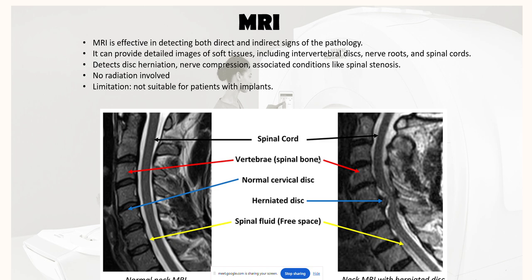This is an example image of the MRI. This is spinal cord, vertebra, herniated disc. This one is a normal image for cervical spine. This one shows the herniated disc.